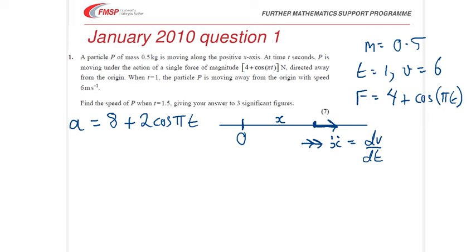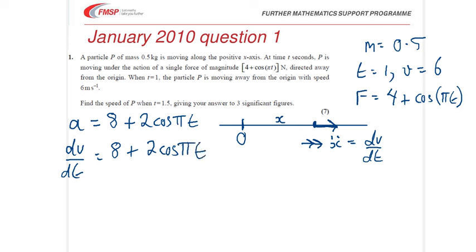In this problem though, we're going to call the acceleration dv by dt, and because the force is in the direction so as to increase x, the acceleration has a plus sign, so it's dv by dt equals 8 plus 2 cos pi t.